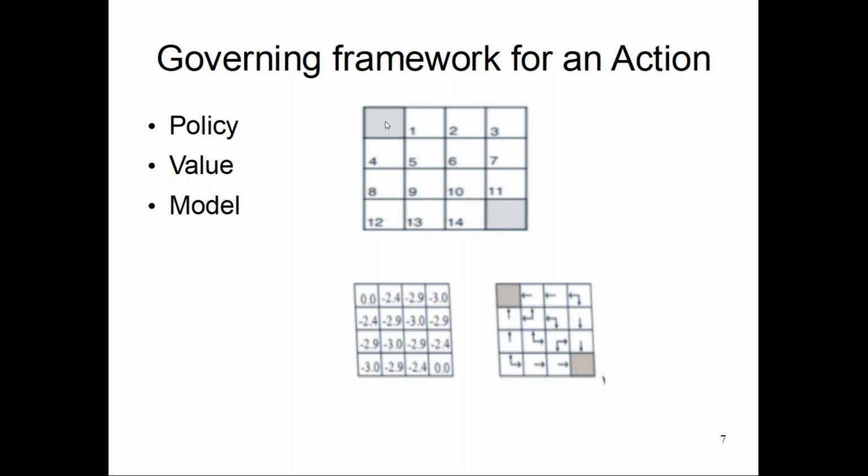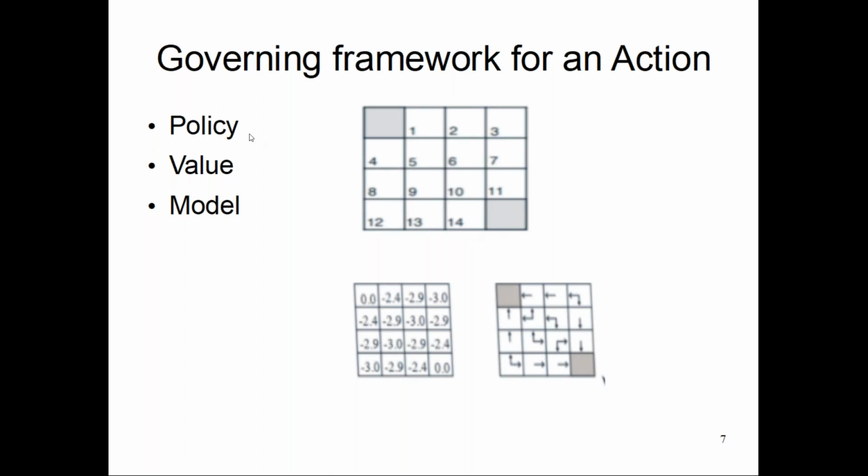From 0 to 15, that means from the initial state to the final state, what is the specific path you may follow? You may follow the path 1, 2, 6, 10, 11, and then you reach, or you may follow the path 1, 2, 9, 13, 14, and then you reach.